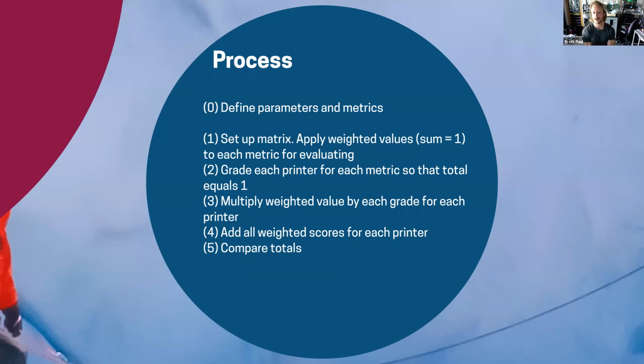Once we've done that, we multiply by the weighted value that we determined for each parameter. At that point, we have a total score for each printer that systematically narrows down maybe our top two or even one. And this is a really nice unbiased way, I think, for selecting or evaluating something.